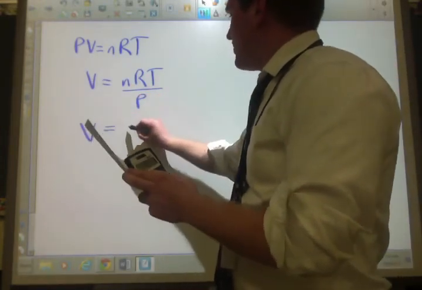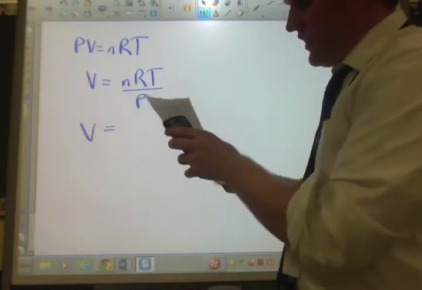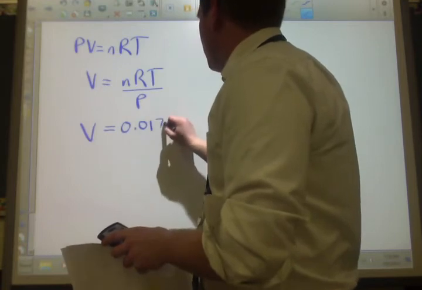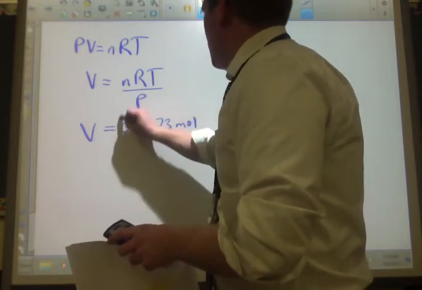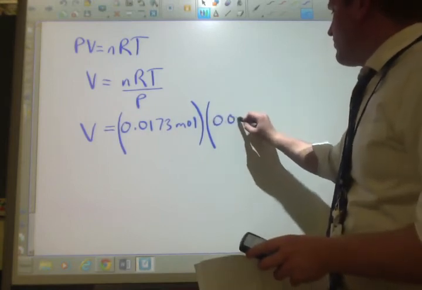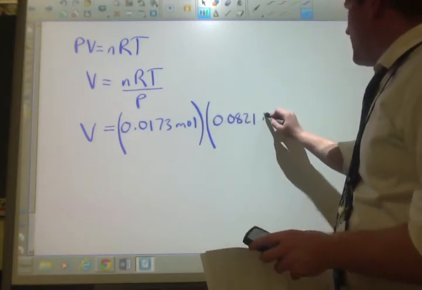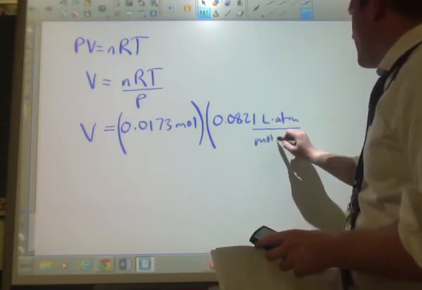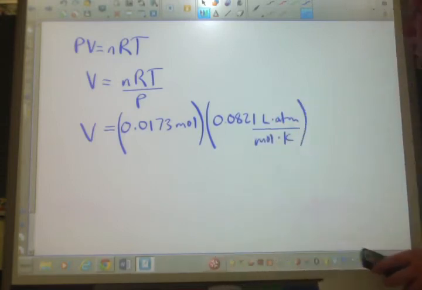Volume equals, N is the number of moles which we calculated, 0.0173 moles. R is our constant, 0.0821 liters atmospheres over moles times Kelvin.